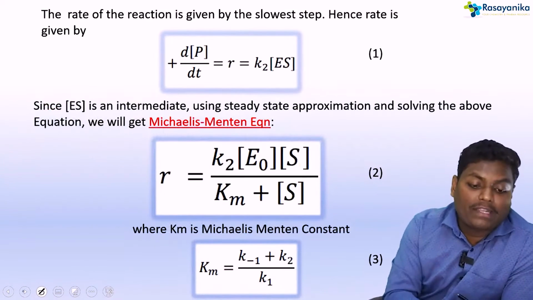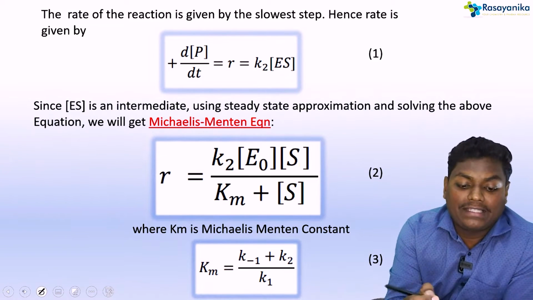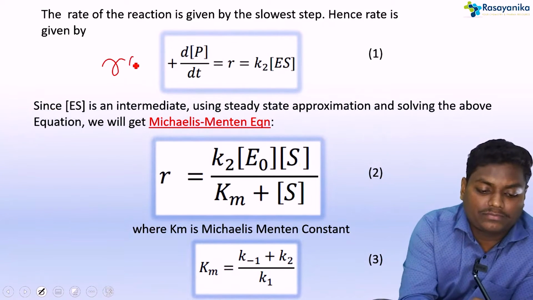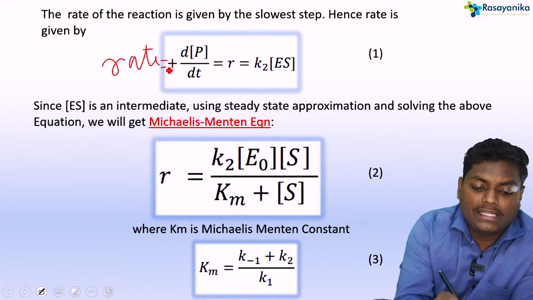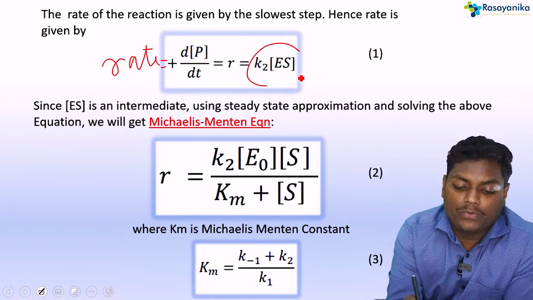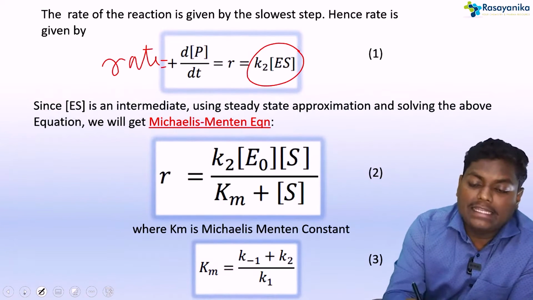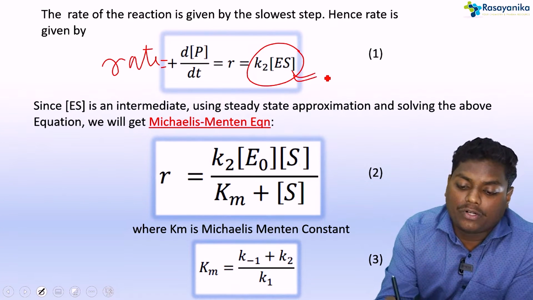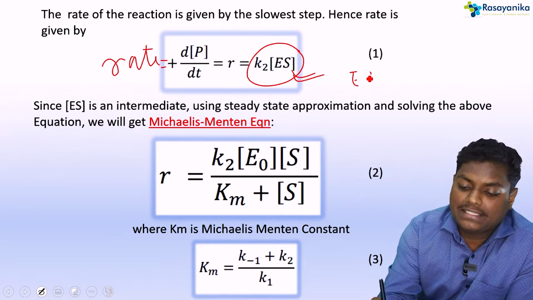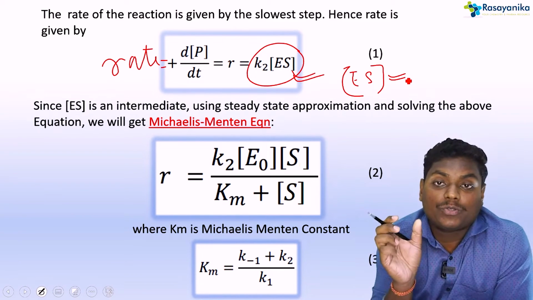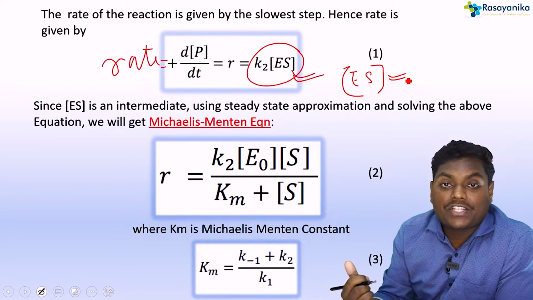Now, how can we find the rate of this reaction? We can find this using the second equation, where the rate of formation of product, dP by dt, is equal to the rate constant K2 times the enzyme substrate complex concentration. This ES is an intermediate, so as soon as it is produced in a reaction, it is consumed.